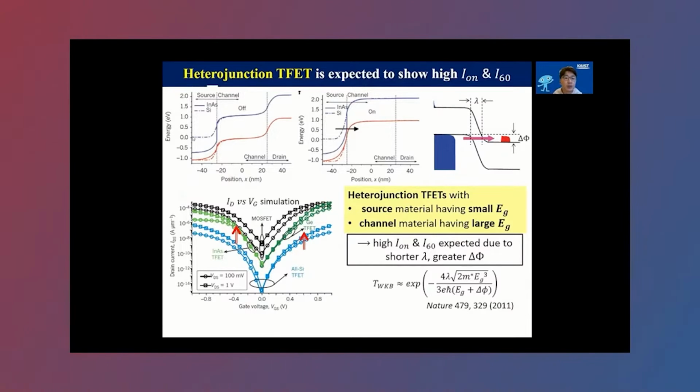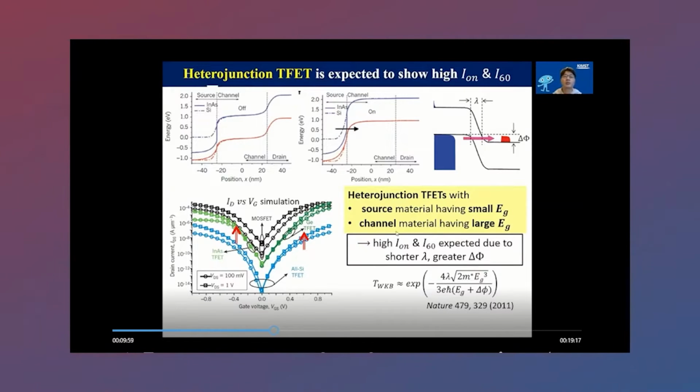For example, here, the dashed line means the single material channel, silicon, and the solid line means it has a heterojunction TFET body. One material, indium arsenide, has a small band gap, and the other material, silicon, has a large band gap.